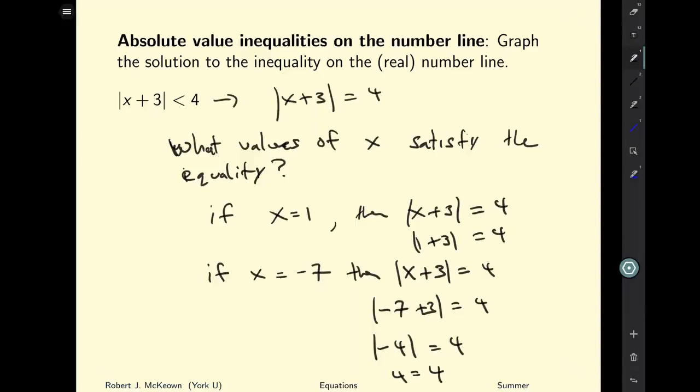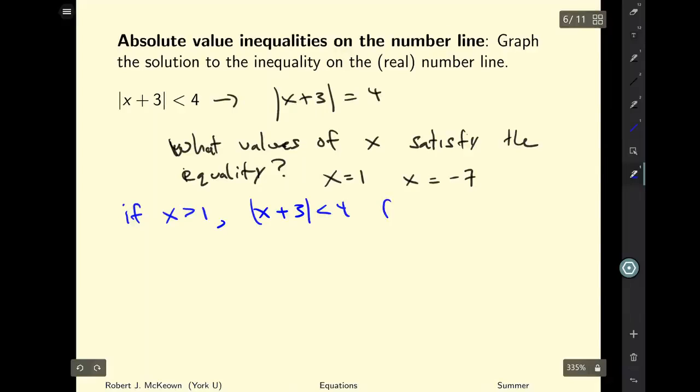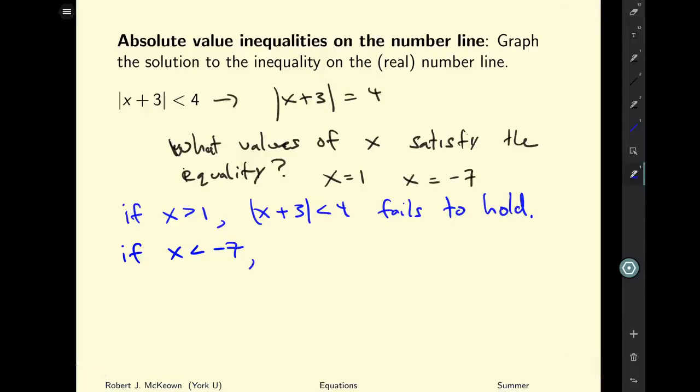All right, so there I'm using the absolute value operator. Now let me clear this up a little bit. Notice that if x is greater than 1, the inequality fails to hold. And if x is less than -7, it also fails to hold.